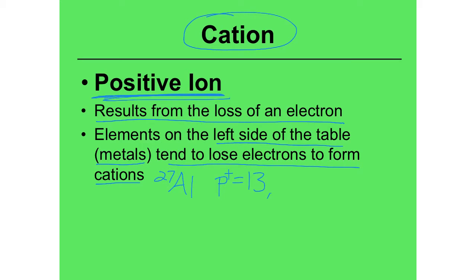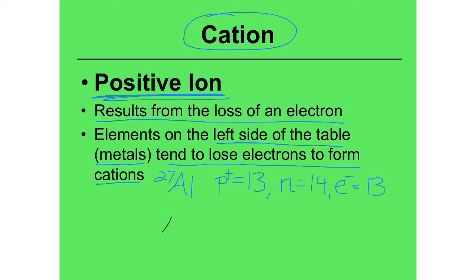If the mass is 27, then we would have 14 neutrons, so that they add up to give us 27. If there's no charge in the upper right-hand corner, then it's a neutral atom, and we would also have 13 electrons, so that we have 13 positives, 13 negatives, overall no charge.